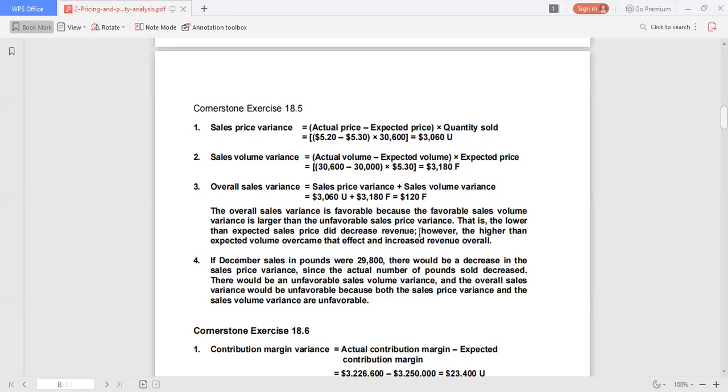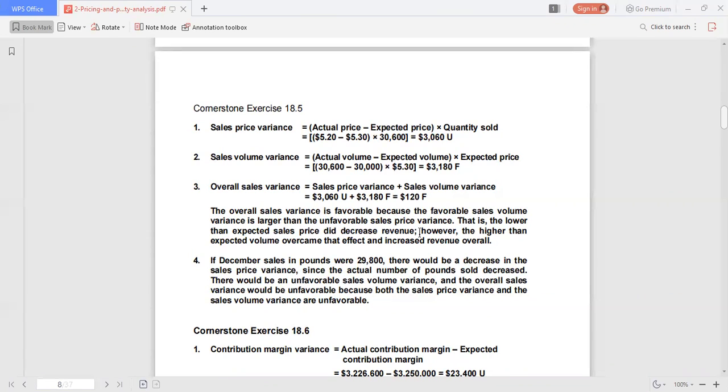Now, the overall sales variance is taken by just adding the sales price variance and the sales volume variance. If the sales price variance is unfavorable of 3,060 and the sales volume variance is favorable of 3,180, we have a favorable overall sales variance of 120, because the sales volume variance is higher than the sales price variance.